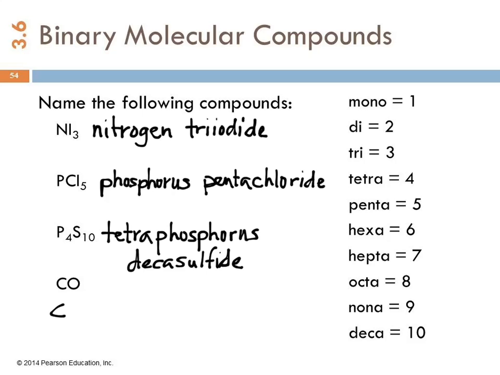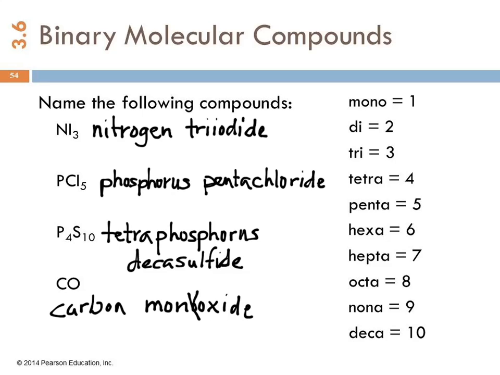Carbon monoxide. And here's an example where we do drop, there's carbon. Gosh, I've got moo on the brain. If we just did it like that, that looks really weird, doesn't it? Monoxide? What is that? It would be monooxide.